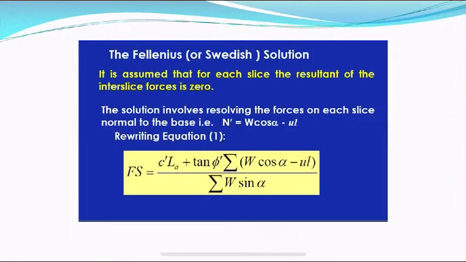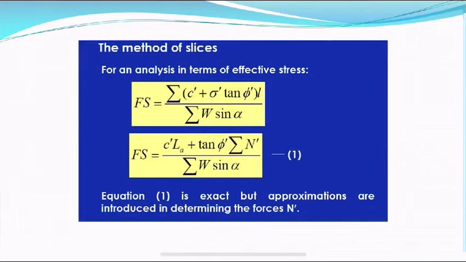The solution is given assuming that for each slice the resultant of the interslice forces is 0. The solution involves resolving the forces on each slice normal to the base, where we get N dash is equal to W cos alpha minus mu L, which is given by rewriting the equation from the previous slide.